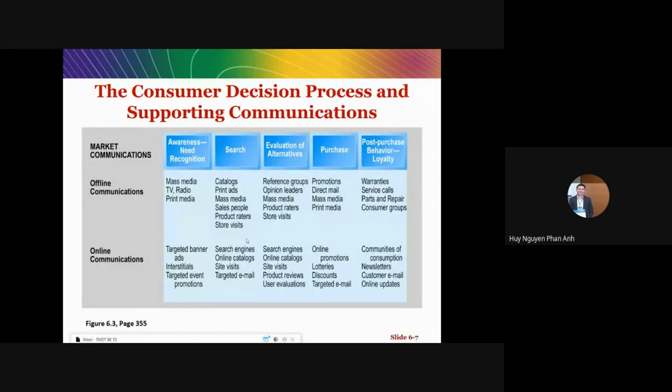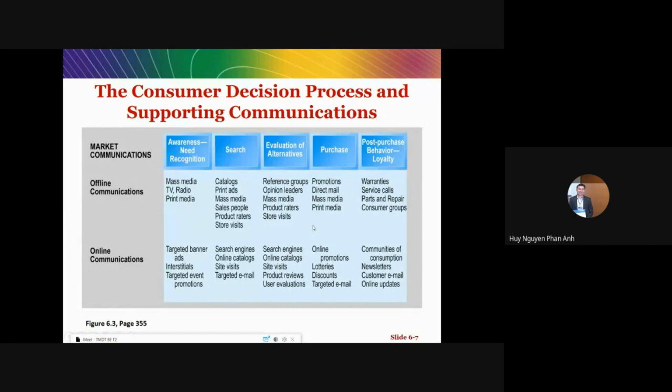And after searching, we get several options, right? We call those the alternatives. So they will evaluate. For example, they want to buy, let's say, a TV, and they get several brands or several models, so they can evaluate which one they should buy.